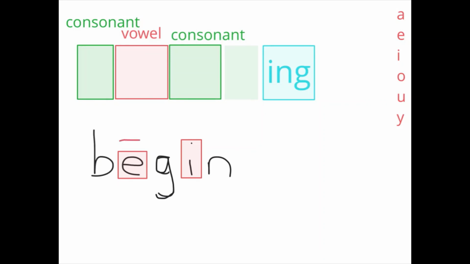We know that this E is making the long sound E, B. In order for that E to make the long sound, this needs to be an open syllable. Right here. This needs to be an open syllable so that the E is the last sound in the syllable?